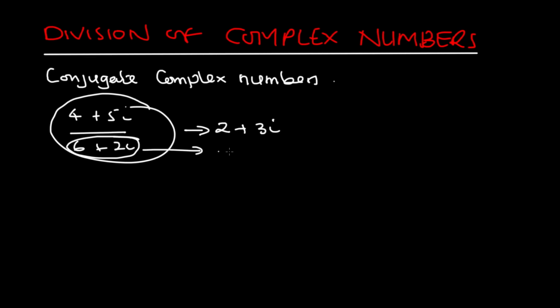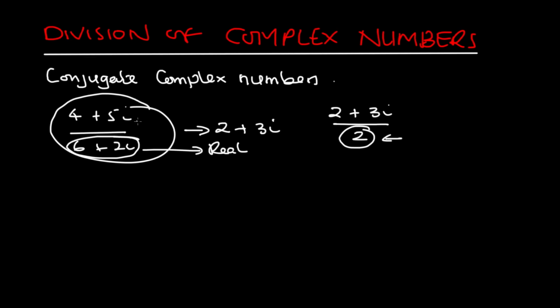Rationalizing means that we are trying to create a real number from the divisor, so that this could now become, let's say, 2 plus 3i. I'm not saying this is what you get after you rationalize, I'm just giving an example. Then you have a real number there. So it's not essentially dividing, but it's just to create a real number down there. That is what they call division of complex numbers.